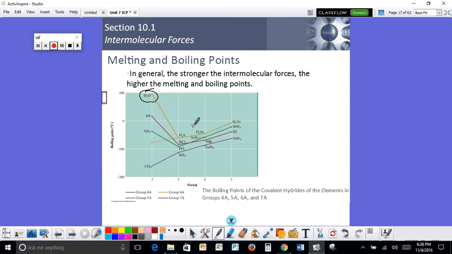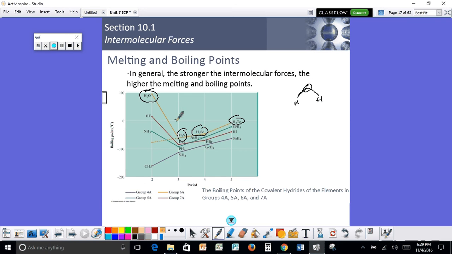So we have H2O, H2S, H2Se, and H2Te. All of these are going to form a bent molecule. So you got the H's back here, and whatever molecule you have right here.